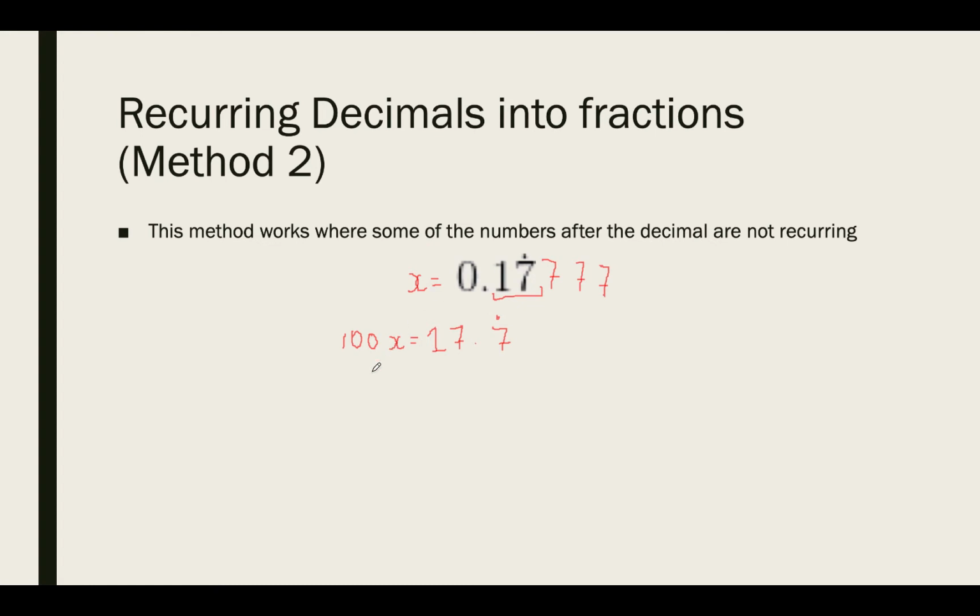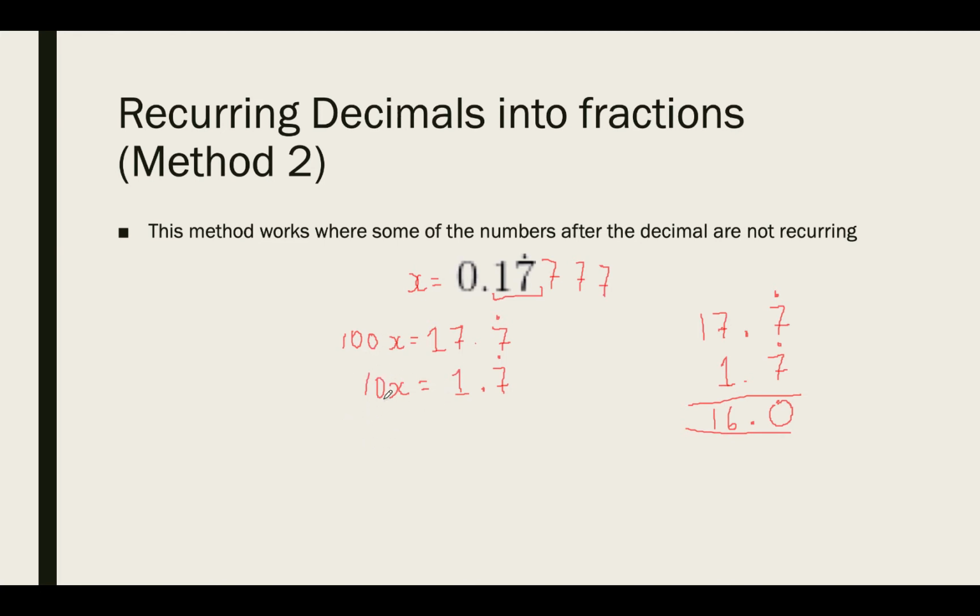So one way we can do this is if we do 10x, which will equal 1.7 recurring, and we subtract these two algebraic parts, we should actually end up with a non-recurring decimal. So if we try this out, 17.7 recurring minus 1.7 recurring, what we get here is 16.